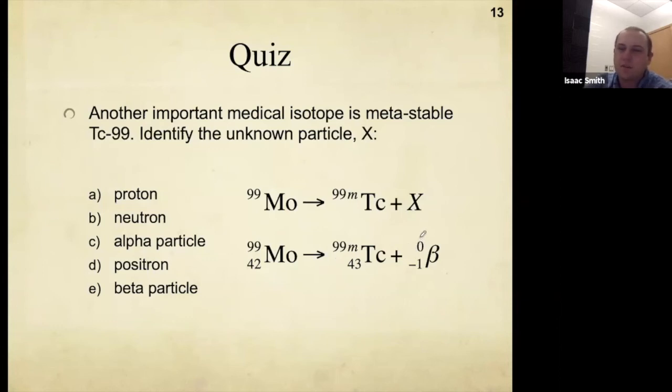So you know it's either positron, beta, or gamma. But since the proton number changed, that means it's either going to be beta or positron. And if we have 42 on this side and 43 on this side, then we're going to need a -1 to make these numbers equal on both sides. And that would mean you have a beta particle.